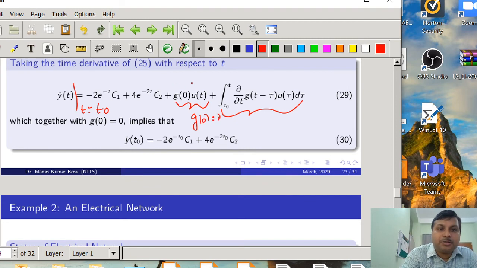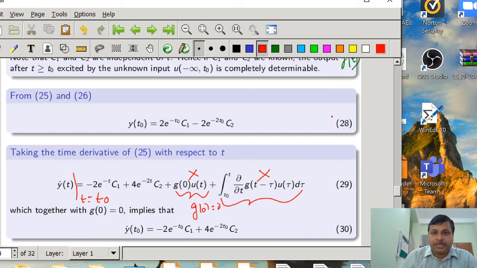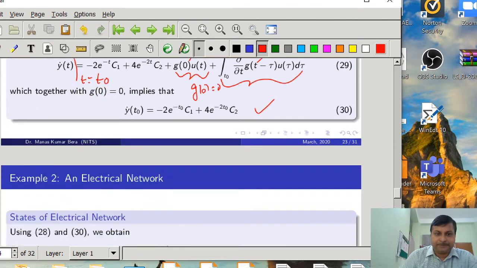So this part is also going to vanish, and we are left with only this part. Now closely look at equation number 28 and equation number 30. We got the two equations, and from here we can calculate C1 and C2 in terms of y of t0 and y dot of t0, and that exactly we have done in the next slide.